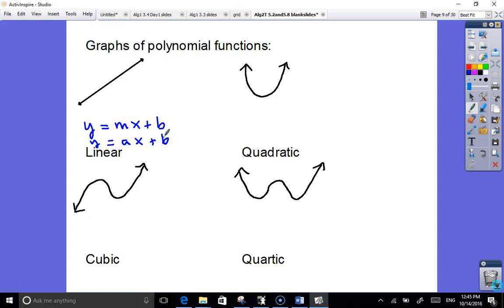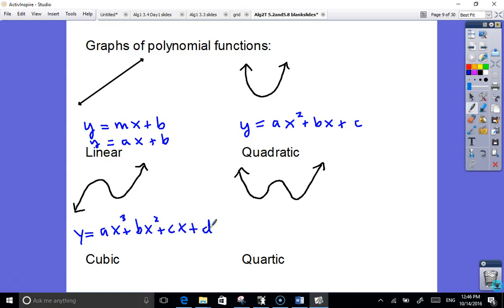So let me go to quadratic. In the calculator, well, actually what we did in class, y equals ax squared plus bx plus c. For cubic, y equals ax to the third plus bx squared plus cx plus d. Do you see the pattern?